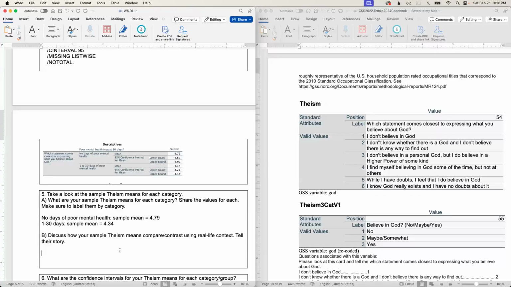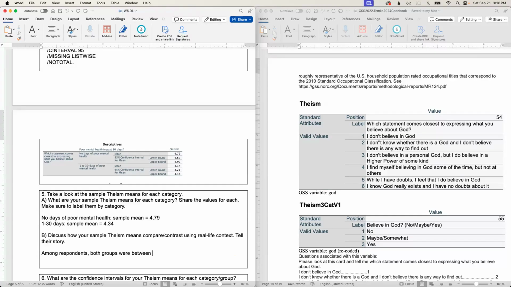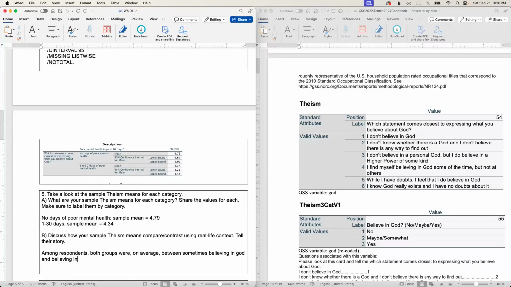So what I will say here then is among respondents, both groups were on average between sometimes believing in God, that's a 4, and believing in God, but with doubts.